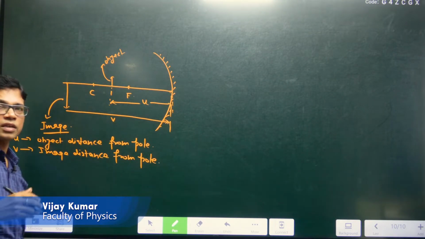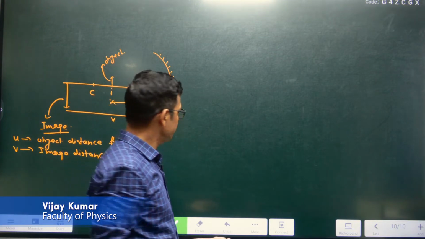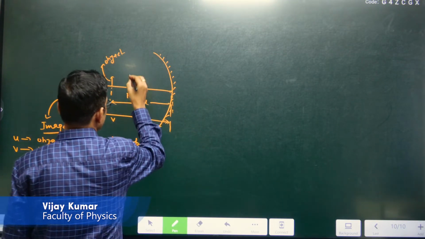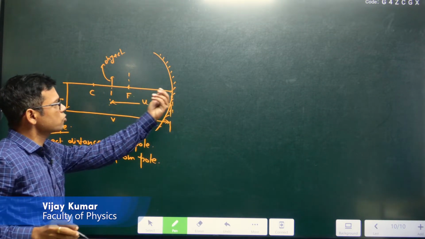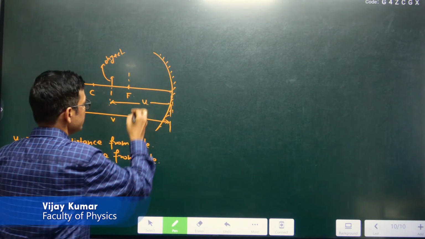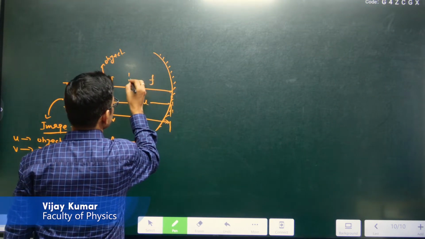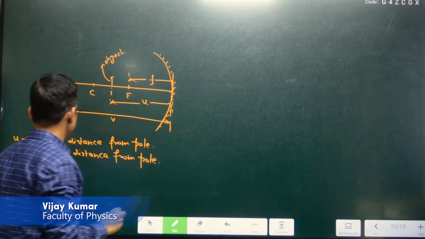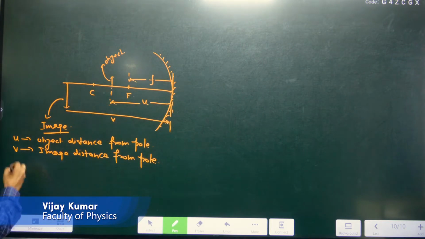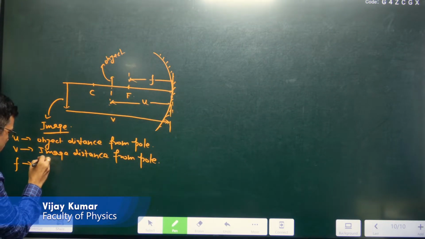All the distances are measured from the pole. And the distance measured from the focus to the pole is called the focal length. It is represented by f.